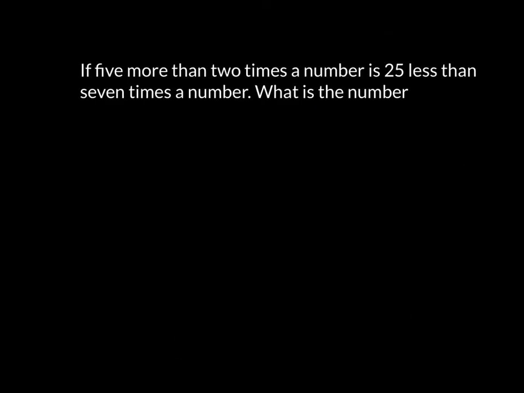So the first thing I want to do is break this apart. One of the things that we want to look at here is whenever we see the word is, I want to replace that with an equal sign. And whenever you have 2 times a number, that's the same thing as saying 2x. And 7 times a number is 7x. So we're going to translate this into the equation.